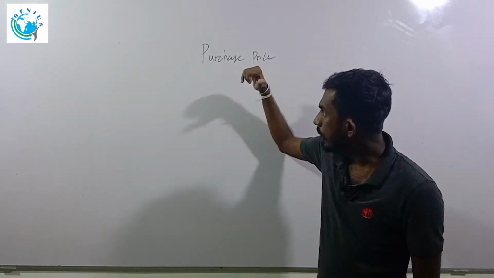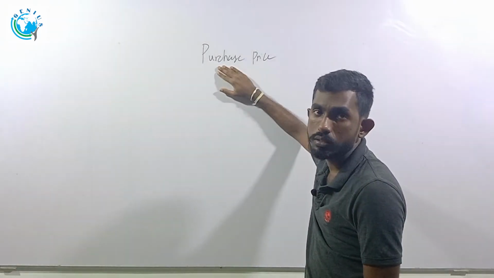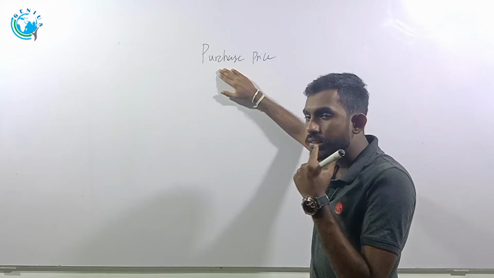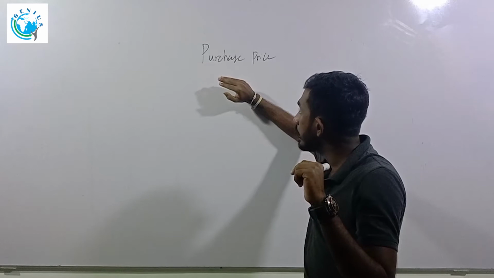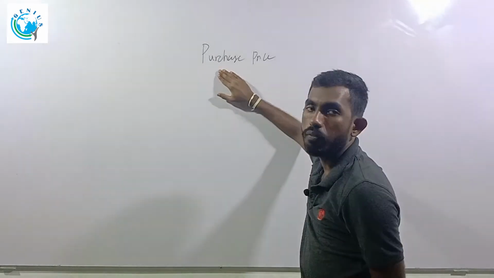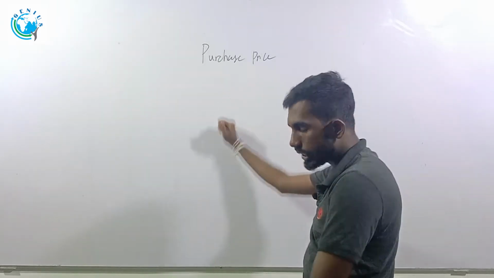But is that only the purchase price? In other words, is the purchase price the only item included in the cost of that particular asset? No. So what is the criteria that you have to consider here?